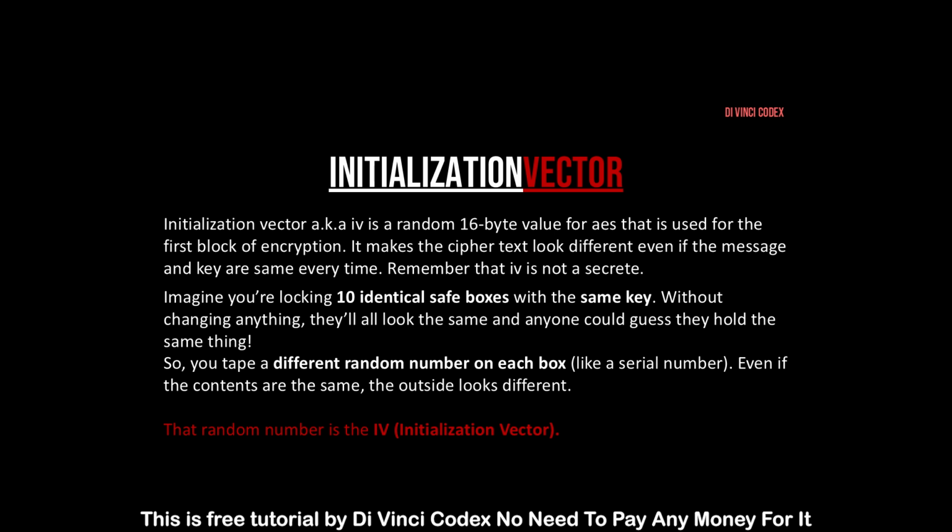Think of it like putting the same item in 10 identical boxes without any label, then they all look the same. But if you stick a different random number on each box, no one can tell the contents are identical. That number is like the IV. It's not secret, just random, and that randomness is what keeps your encrypted data looking different every time.